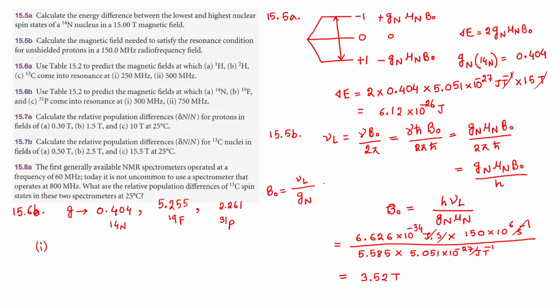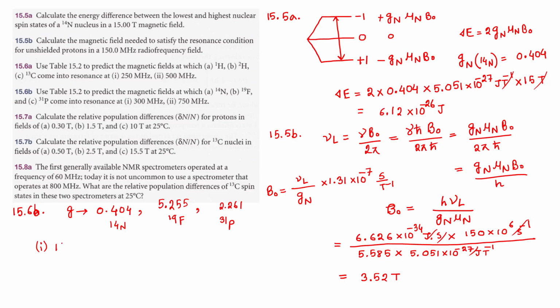Your h and mu n are constant, and the value is 1.31 into 10 to the power minus 7. Okay, so that is joule second by joule Tesla, and the unit would be second by Tesla inverse.